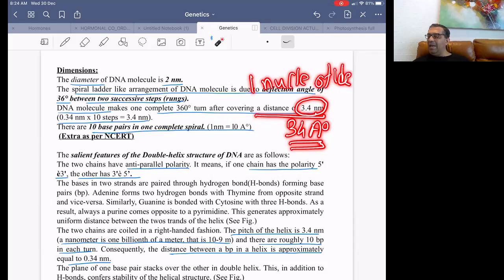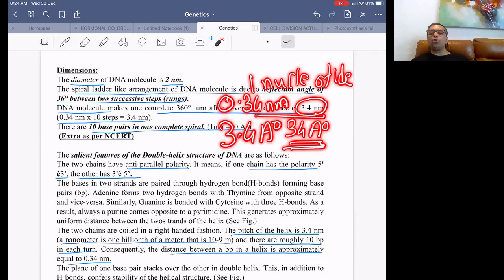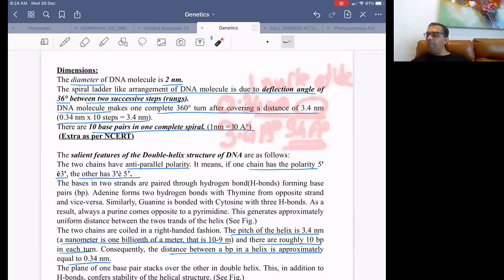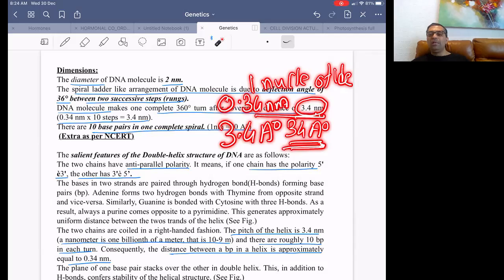One nucleotide is 3.4 angstrom units, in other words, 0.34 nanometer. So just remember this conversion. How much is the pitch of the DNA? 34 angstrom units, which is 3.4 nanometer. So 34 angstrom units, or 3.4 nanometer, is the pitch of the DNA.